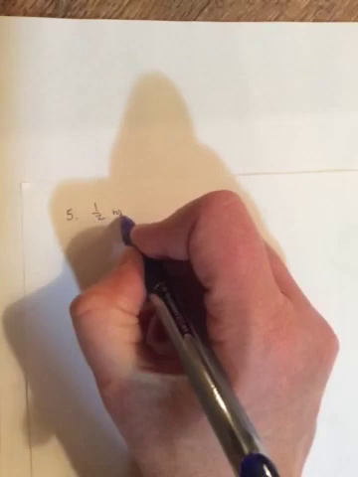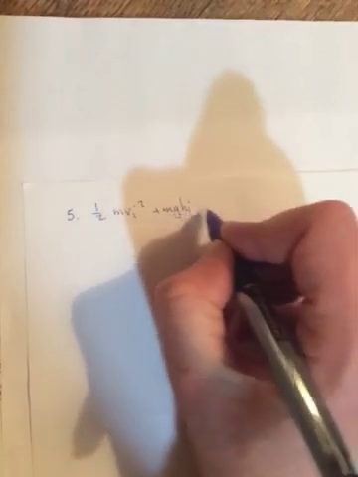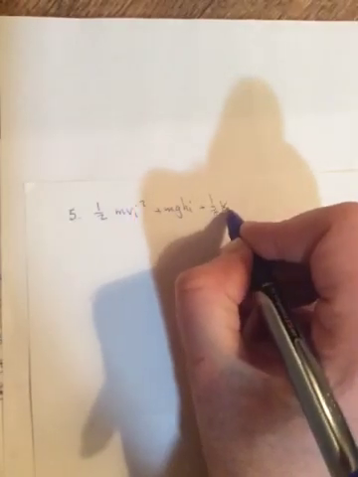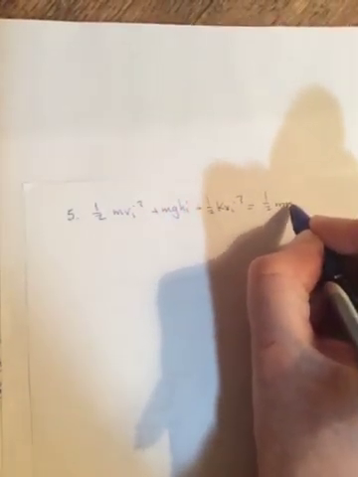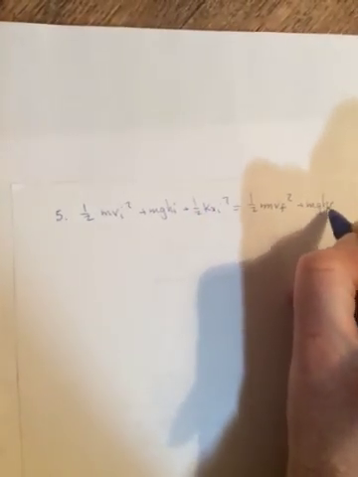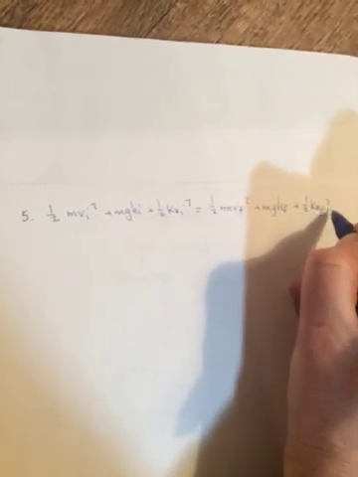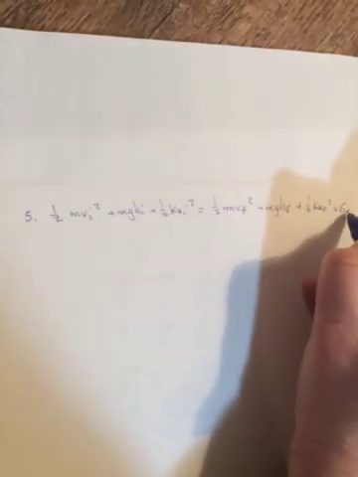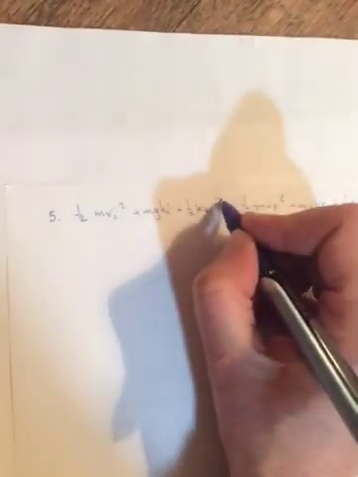So 1/2 mv initial squared, mg h initial, 1/2 kx initial squared, equals 1/2 mv final squared, mg h final, 1/2 kx final squared plus E lost. Okay, so no E lost, no spring.